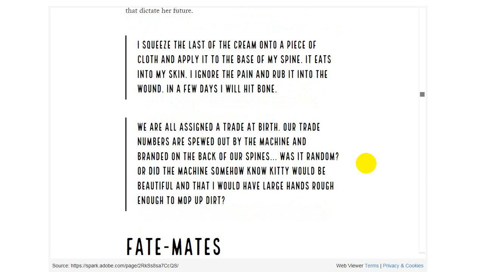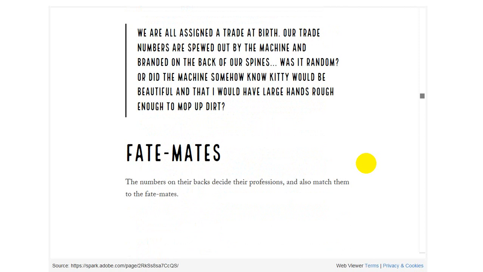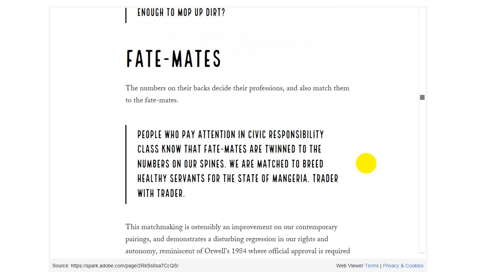She tries to use an acid cream that eventually will hit bone, because the numbers force her into the destiny chosen for her, her trade, and who she will marry. It's all decided by the numbers on her back.